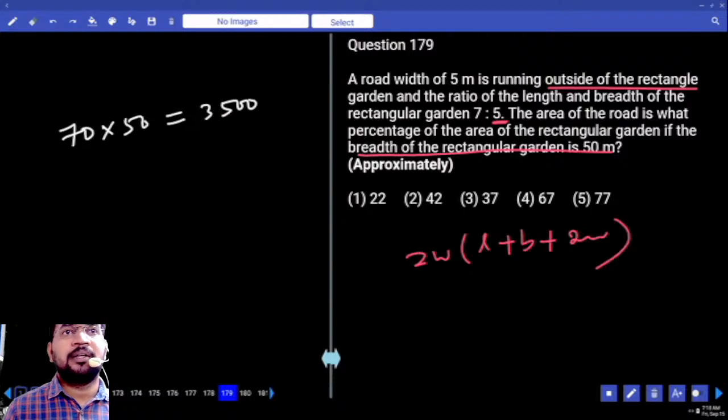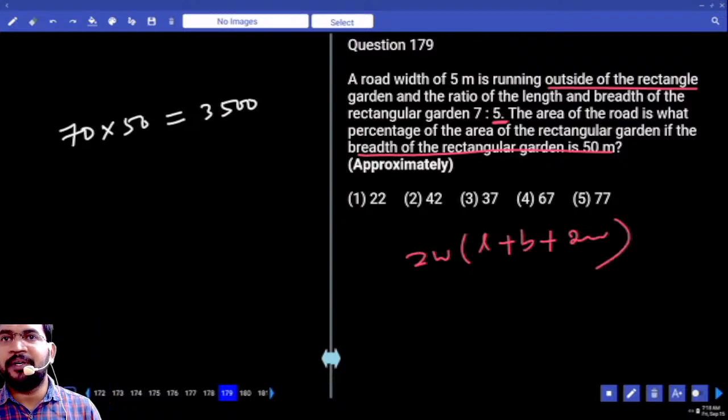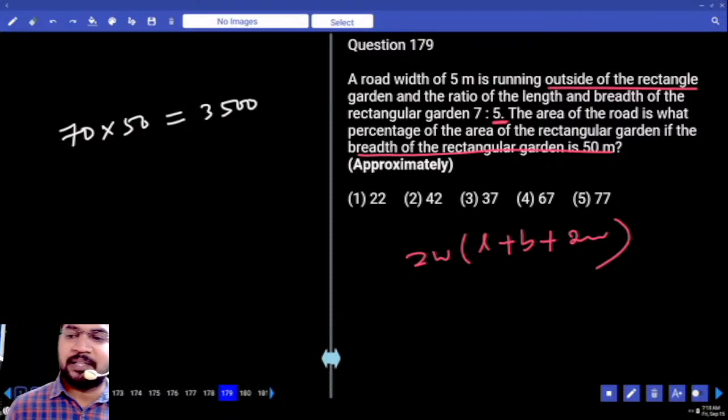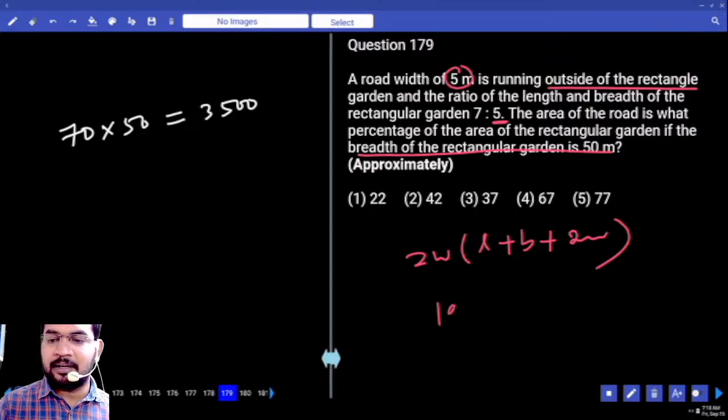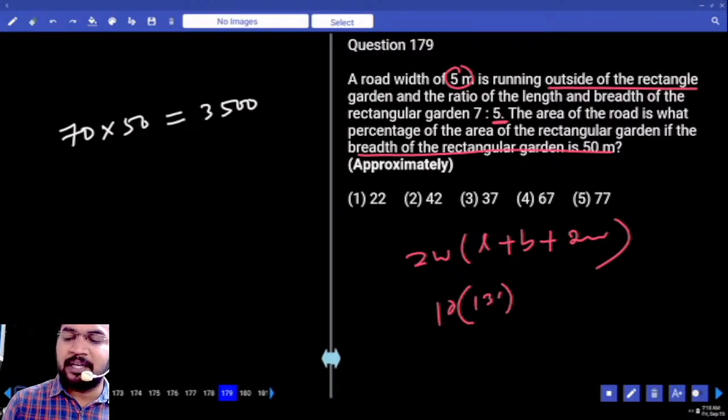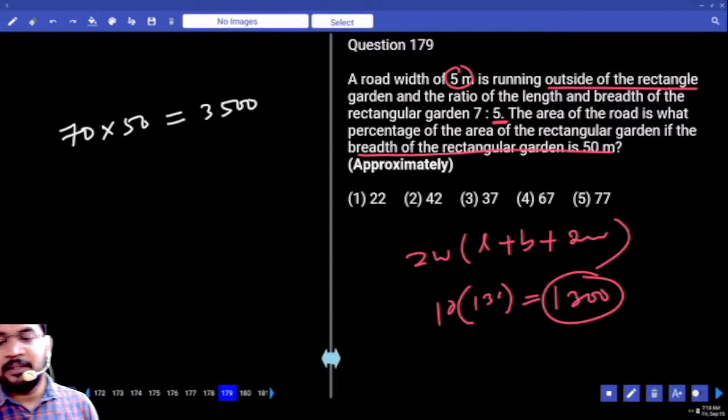If it is an inside path, 2W into L plus B minus 2W. W is the width of the path. So 2W is 10, L plus B is 120, 120 plus 10 is 130, 130 into 10 is 1300. So the path area is 1300.